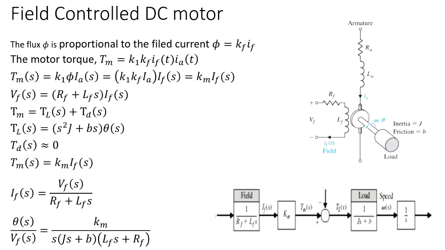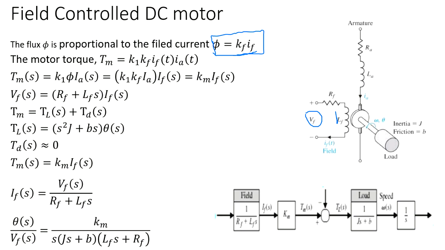So the flux: when there is a voltage VF passing through, there will be a flux developed in this inductor, and that is proportional to the field current. So the flux is the constant times the field current.